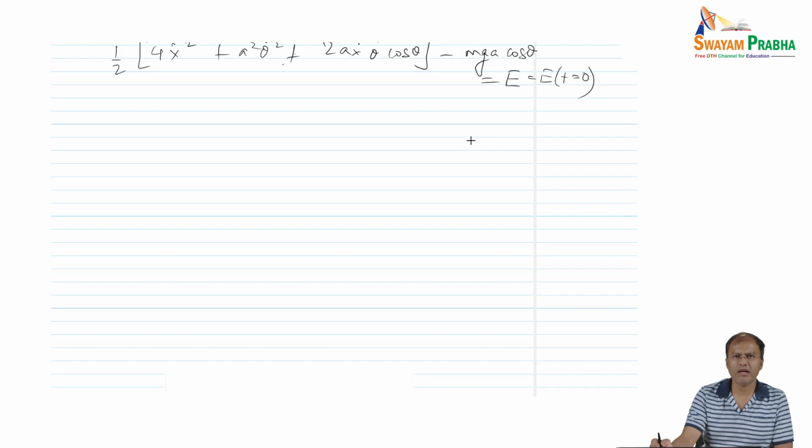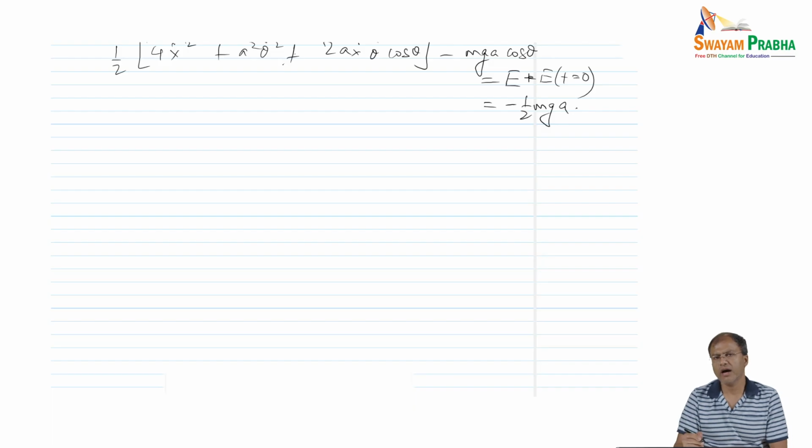We see that the bodies are at rest and they're making an angle of 60 degrees given by the problem, and this is going to be minus half mga. So cos theta is half.